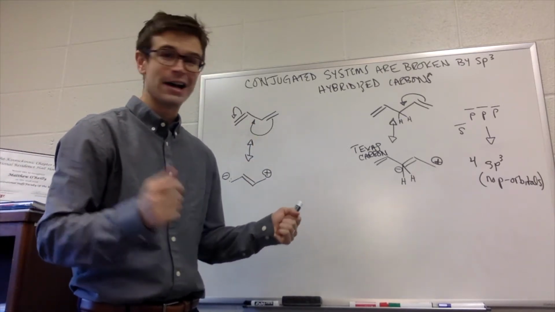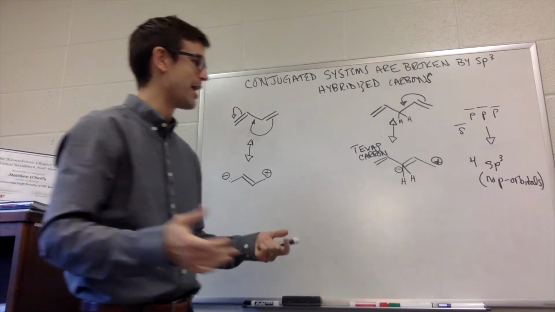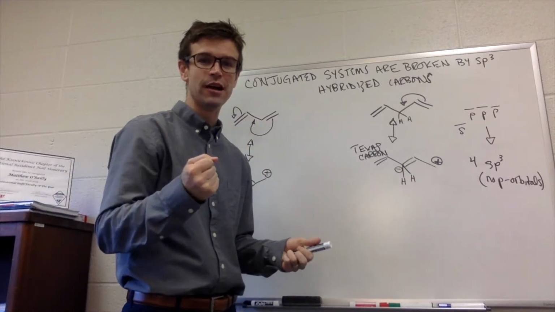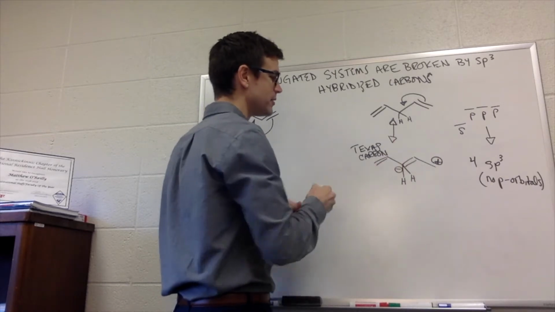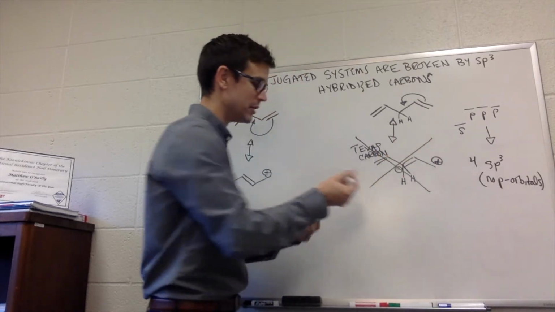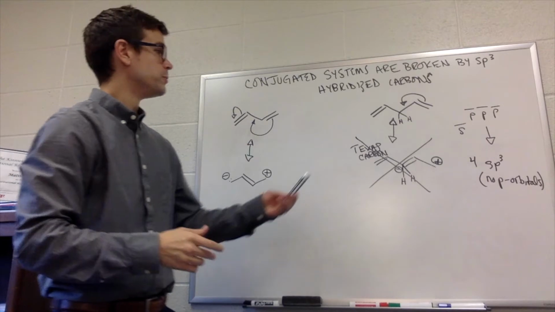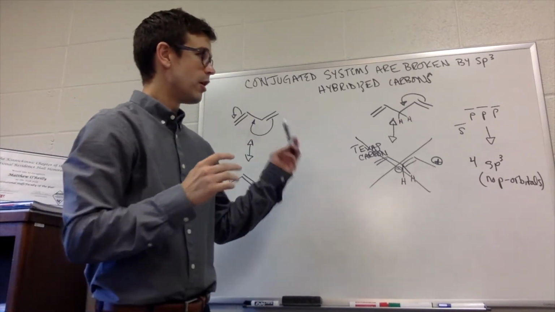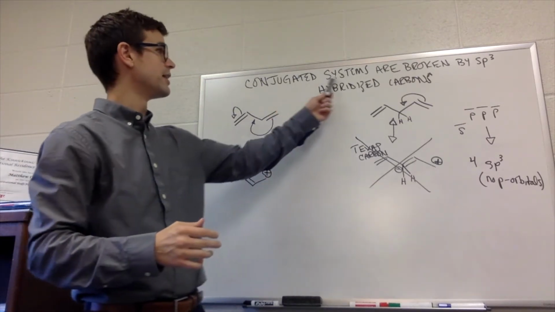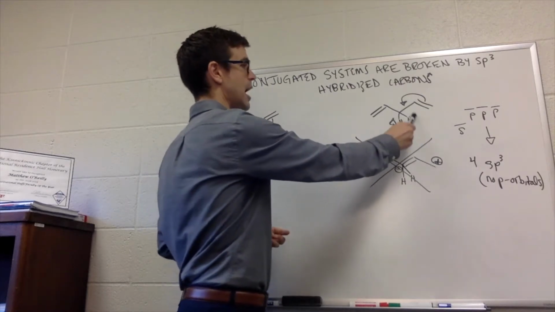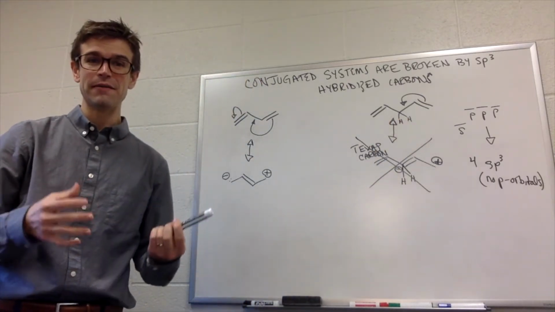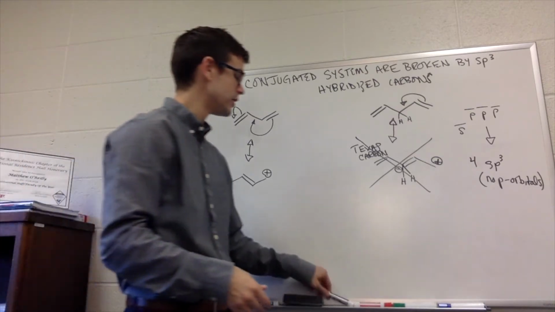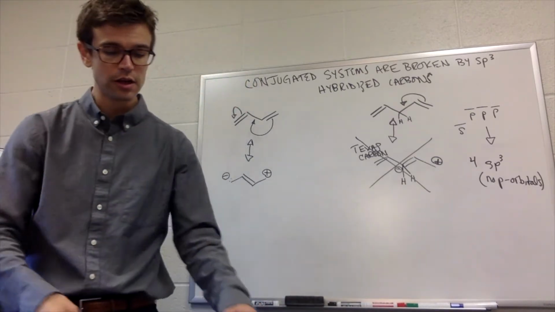Well, not carbon atoms. We can't have carbon atoms with 5 bonds. Carbon only has 4 bonds at a maximum, and this has 5 bonds, so this structure is garbage. So all that is to say that conjugated systems are broken by sp3 hybridized carbon atoms. If you're an sp3 hybridized carbon atom, by definition, you don't have any p orbitals, and you can't have conjugation.